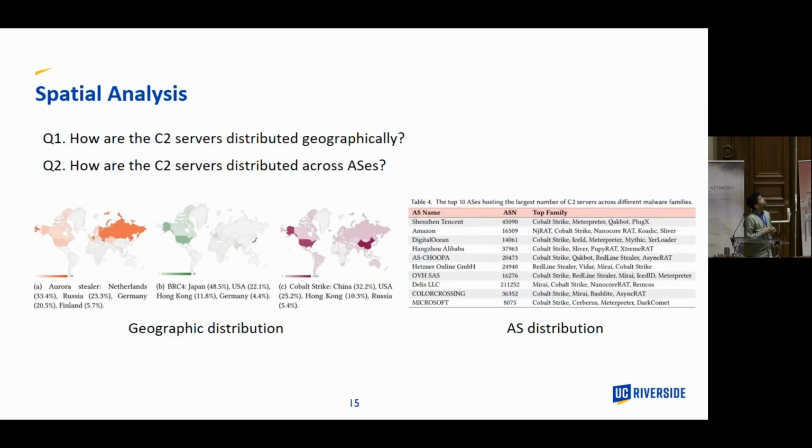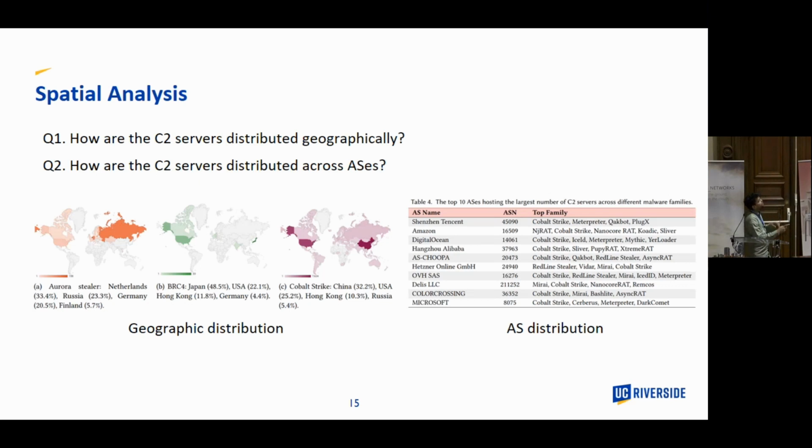Similarly, we wanted to conduct spatial analysis. Again, what we wanted to understand is the geographical and autonomous system distribution of these servers. What we found, for example, is that the figure on the left shows that for different families, such as Aurora Stealer, BRC4, or Cobalt Strike, different regions are responsible for hosting the C2 servers.